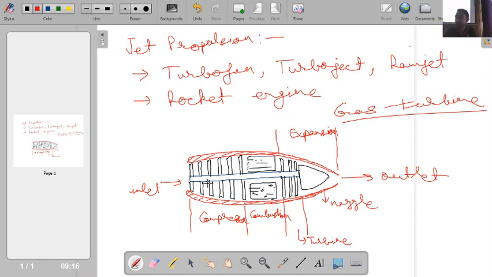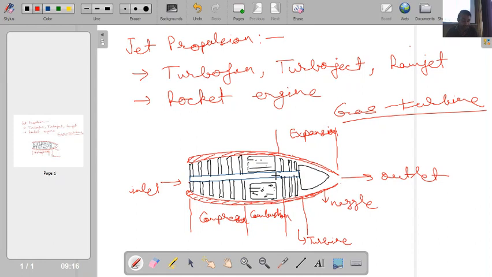At the same time, in any aircraft you will have some other auxiliary inputs, for example your control system, air conditioning system, lights, etc. For that also you require energy. So we do expansion in the turbine which is sufficient to meet the compressor work and the power required for operating the auxiliary equipment.